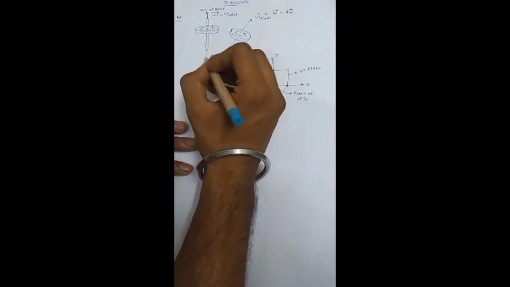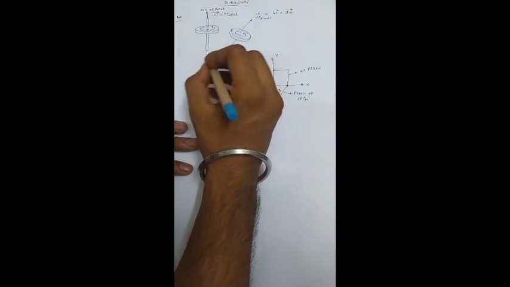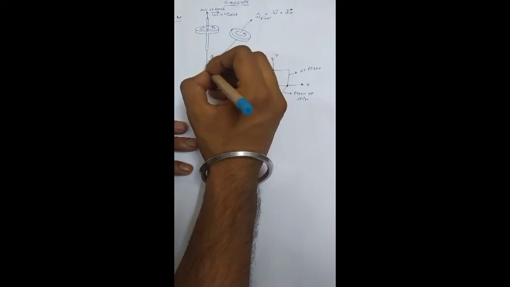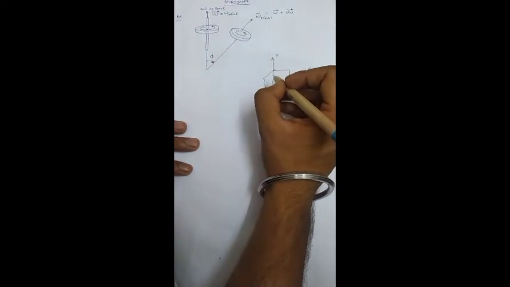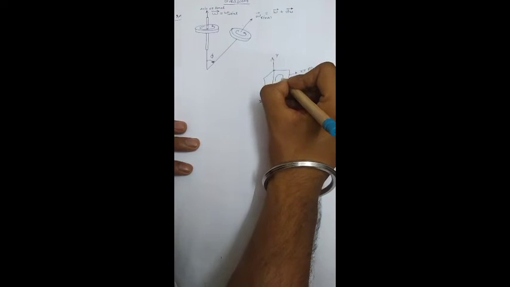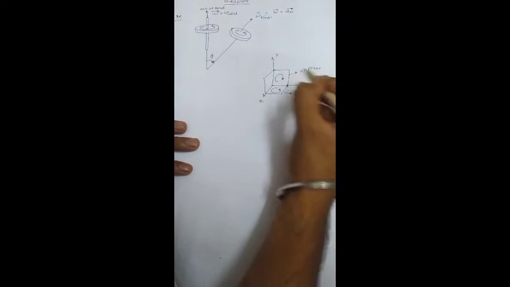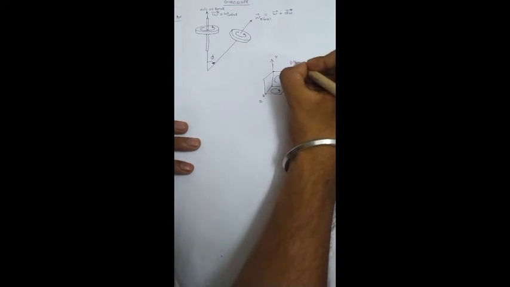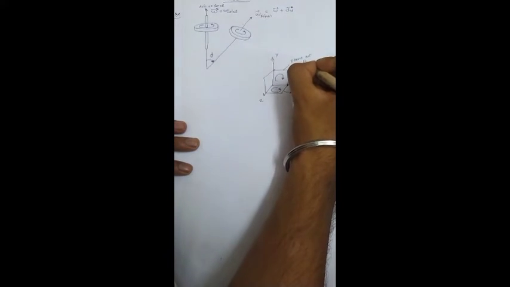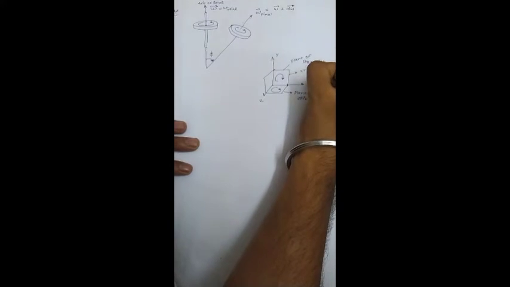So this is the plane of paper, meaning the XY plane. This is called the plane of precession.